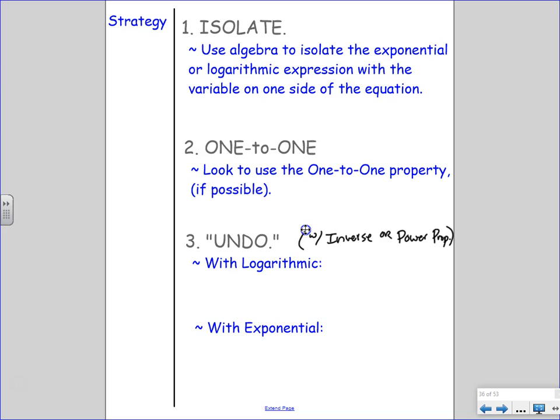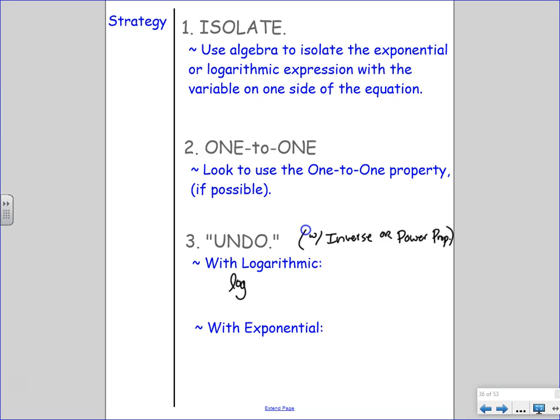All right, undo with logarithmic. If we're undoing with logarithmic, we can actually read that kind of 2 different ways. So let's say we have a logarithmic somehow involved. I'm going to show you 2 different variations.